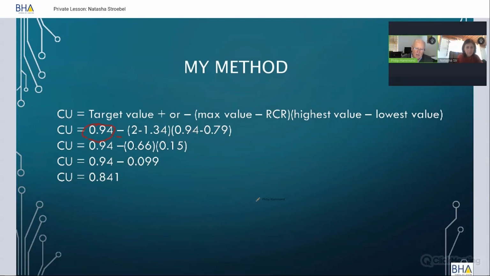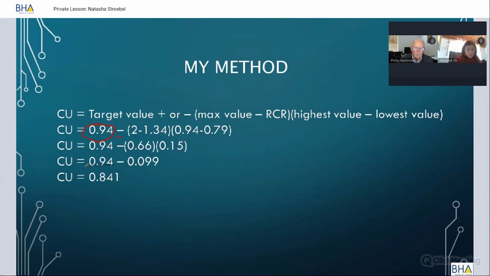So now let's go to the next line. We've still got the 0.94 minus, calculate that part out, 0.66. Calculate that out, 0.15. We move to the next line.